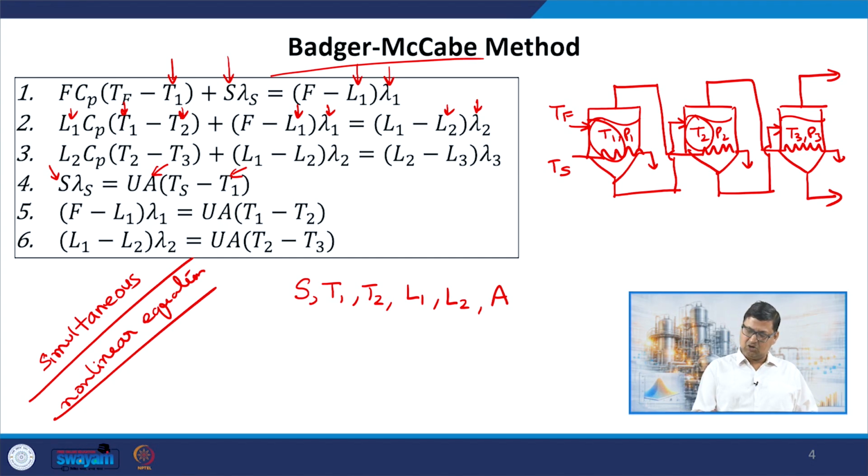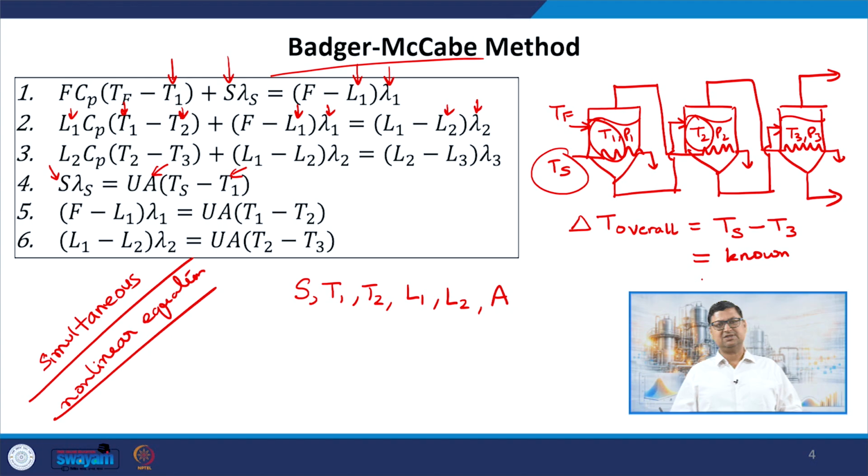If you think about it, the overall temperature drop starting from the steam to the final product is my delta T overall, that is Ts minus T3, and this is known to us.